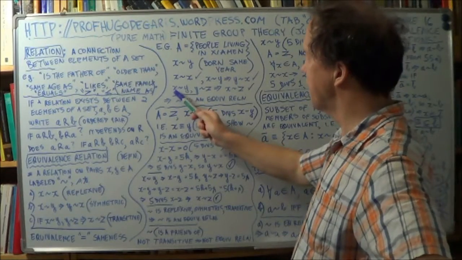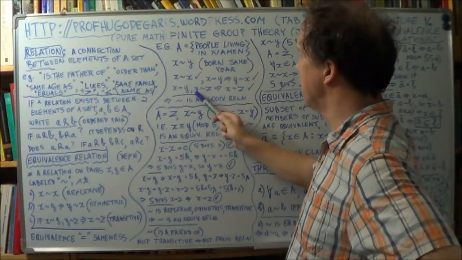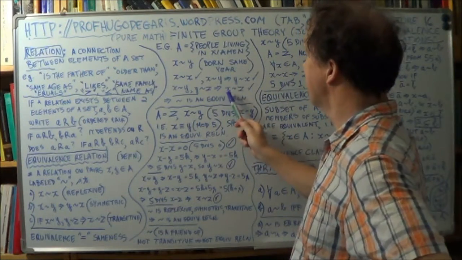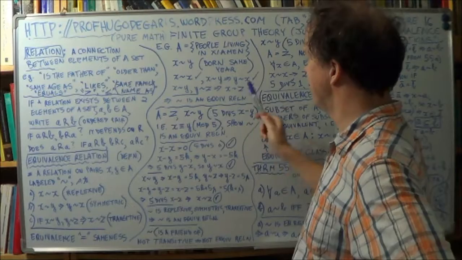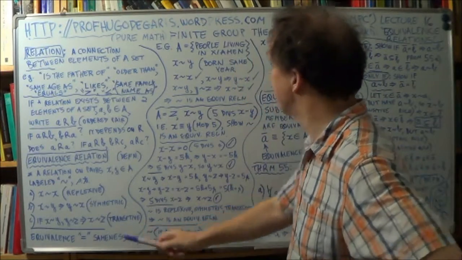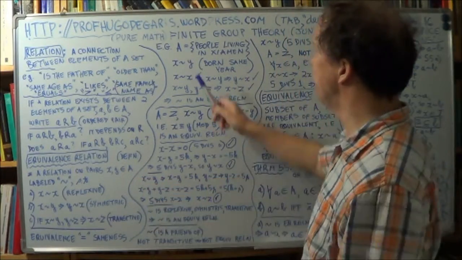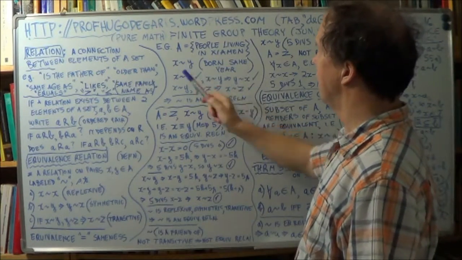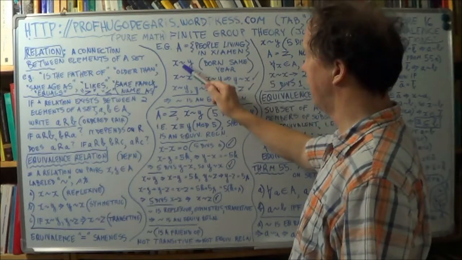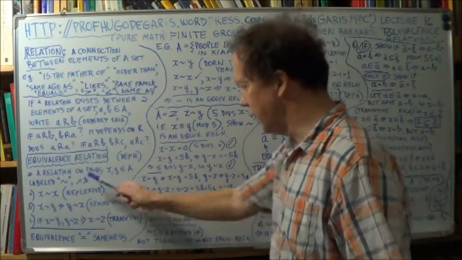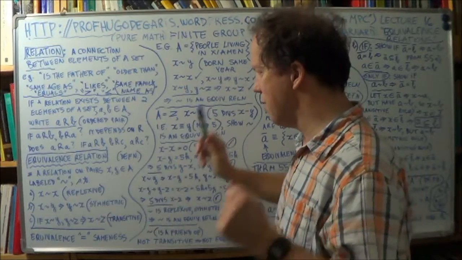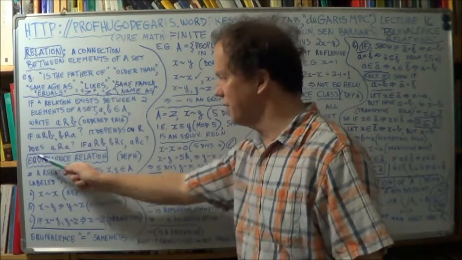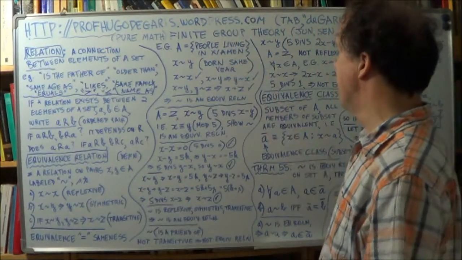Now, if person X is born in the same year as Y and person Y is born in the same year as Z, then common sense says person X is born in the same year as person Z. So yes, transitive. Okay, so we've got all three properties. Therefore, this relation here, born in the same year, for this set, people living in Xiamen, is reflexive, symmetric, and transitive, and therefore it's an equivalence relation. This special kind of relation. It's an equivalence relation, right?